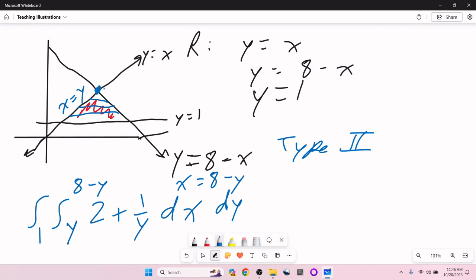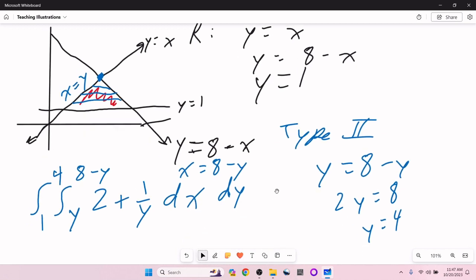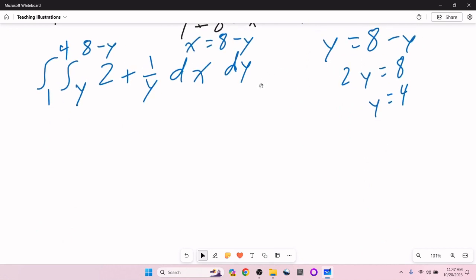Now what is the maximum? Well, let's set those equal and solve it. We have y equals 8 minus y. So 2y is 8, so y is 4. So those are your bounds for y. Okay, so the setup is done. Let's go ahead and do this problem.